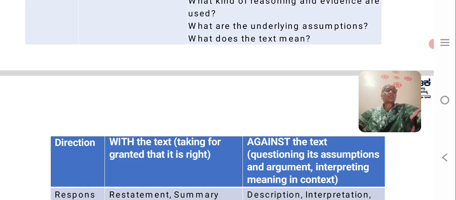The direction of reading is with the text. It agrees with what the text says. It takes for granted that whatever the text says is right. Whereas in critical reading, the reader goes against the text. So he questions its assumptions and arguments and interprets the meaning in his own context.